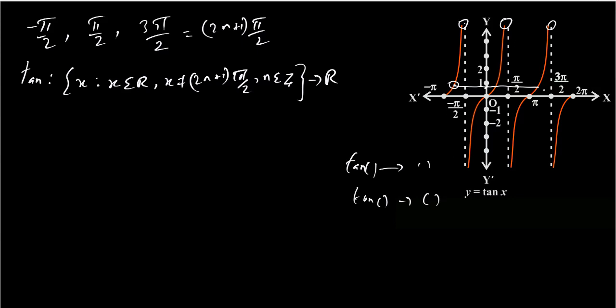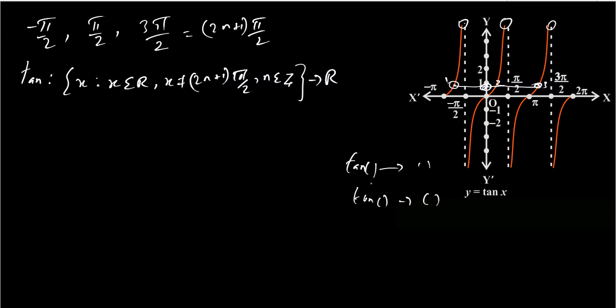But if we take the whole region of this tan function, at this point we are getting the same value, at this point also, and at this point also. Let me take these points as 1, 2, 3.